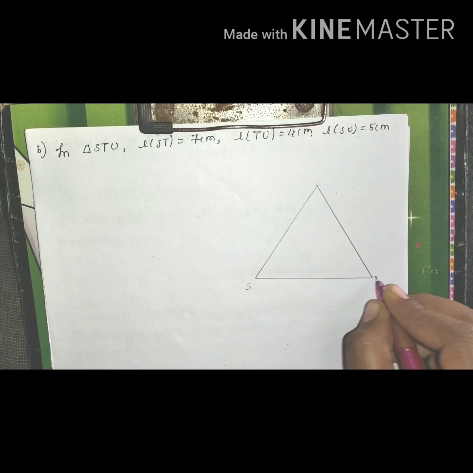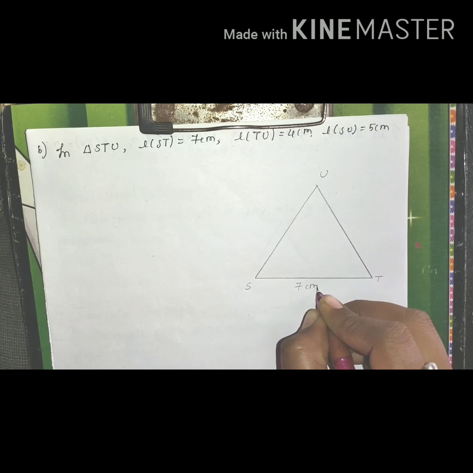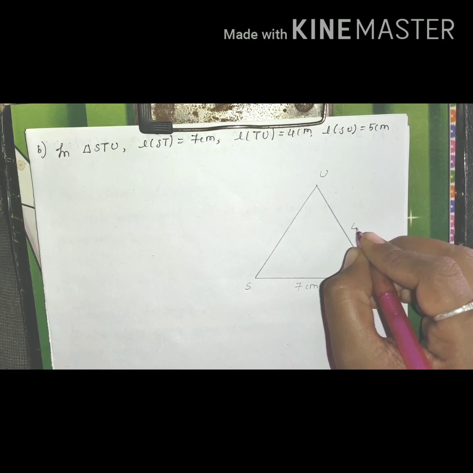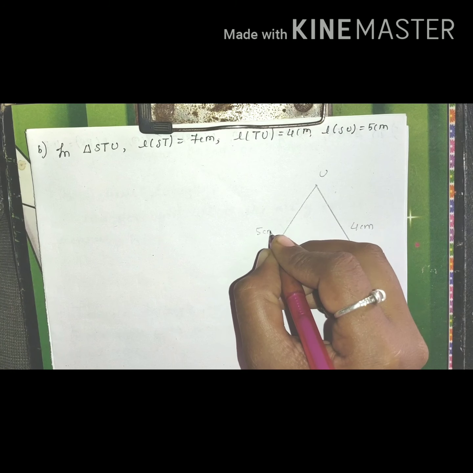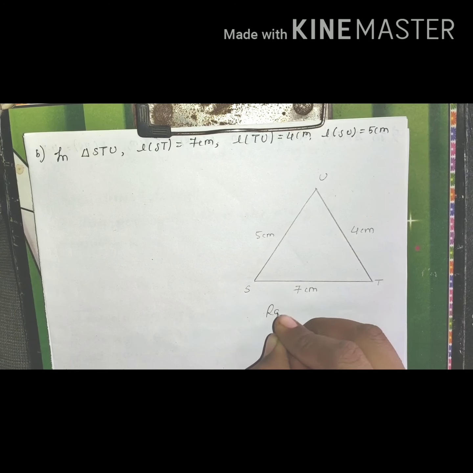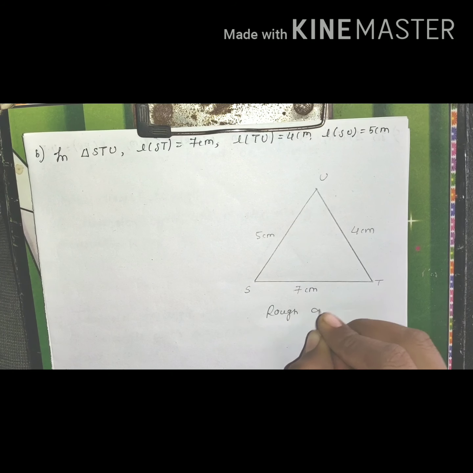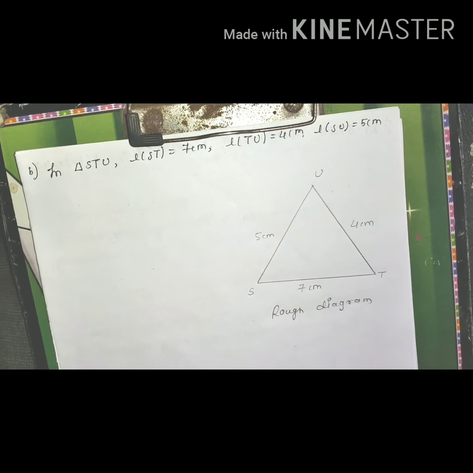So STU. ST is 7 centimeter, TU is 4 centimeter, SU is 5 centimeter. That is the rough figure, or diagram. We can write it as diagram.